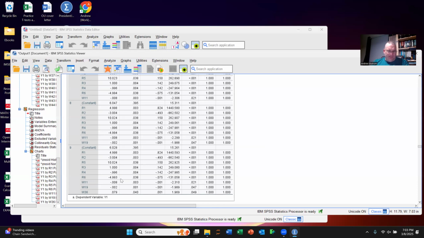No, that's a decimal point, sorry. So 0.008 times W11 plus 0.002 times W19 plus, I guess those are negatives, sorry. And then plus 0.079 W36. So that is a lot different model than we had before using the enter method.